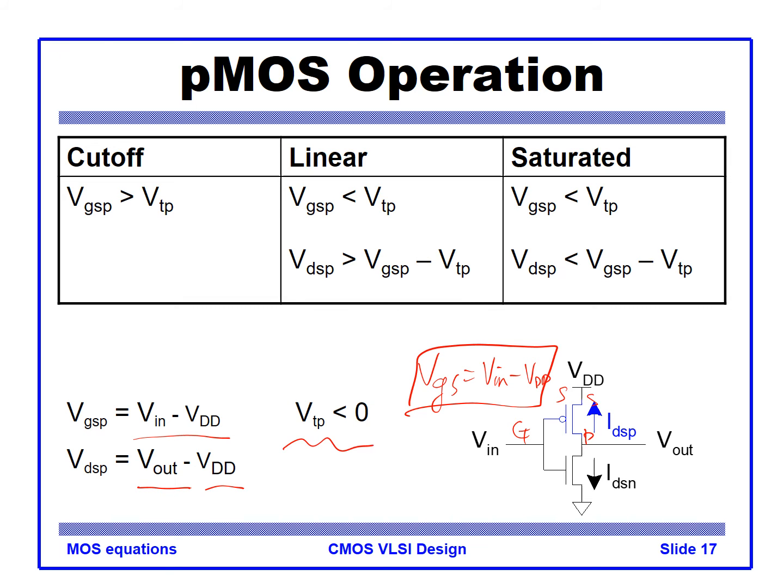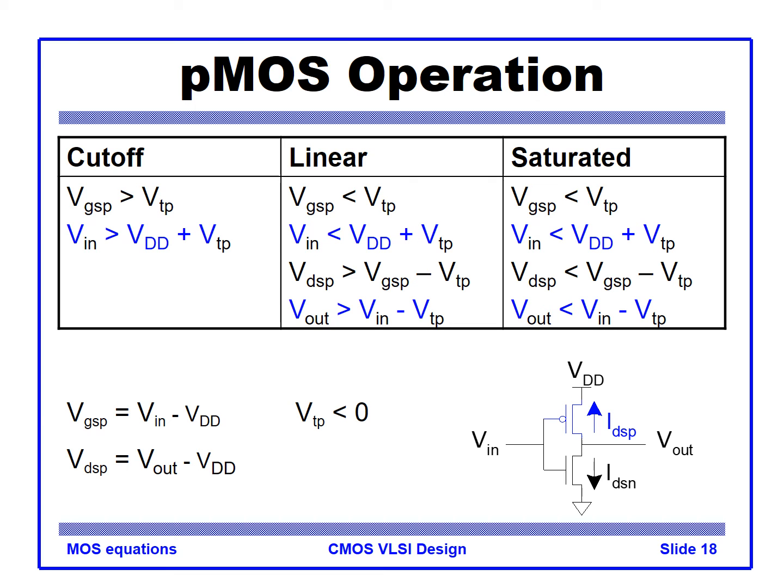We know the threshold voltage of the PMOS is less than 0. With this relationship, we can plug those into the table. Finally, we get those massive, complicated equations.